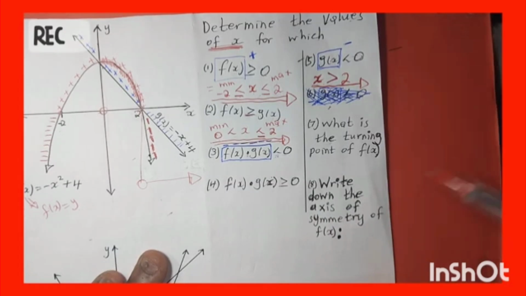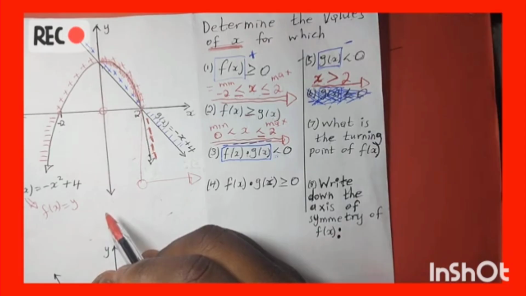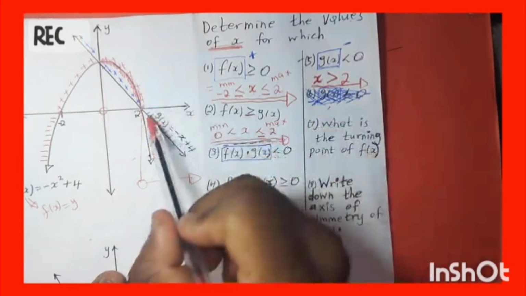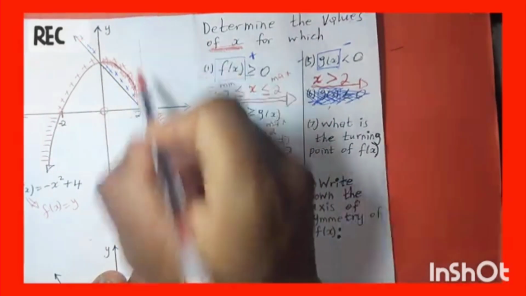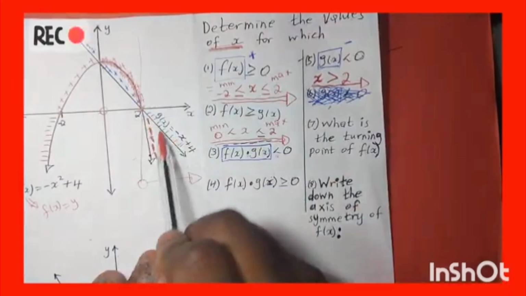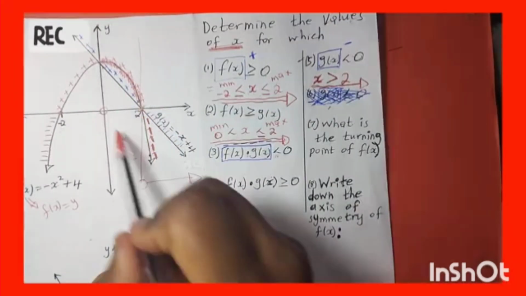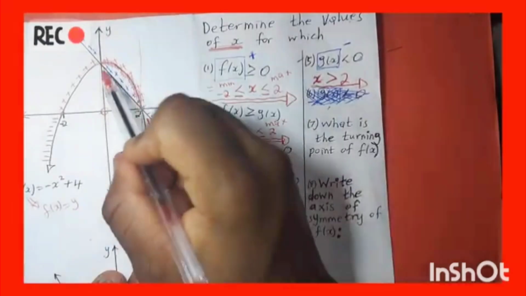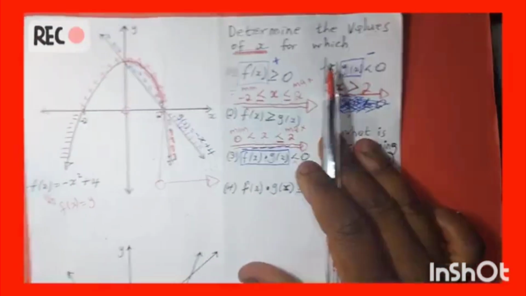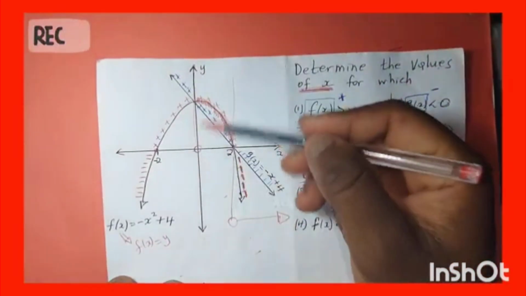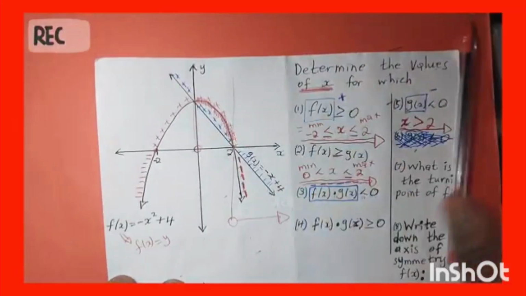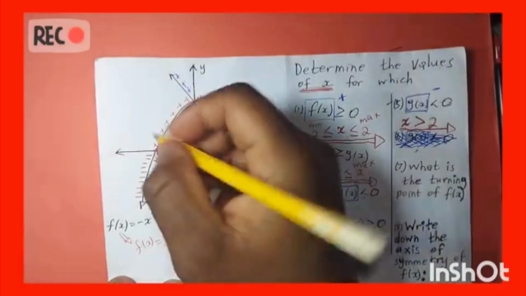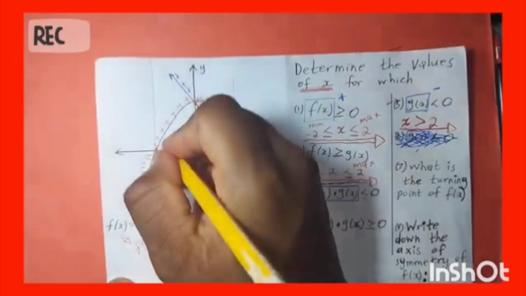If you check here, guys, when you start from this point, these two graphs still have the same sign. Even here from 0, they still have the same sign. Do you see this? They still have the same sign here. But now you should take note of this graph from this point.